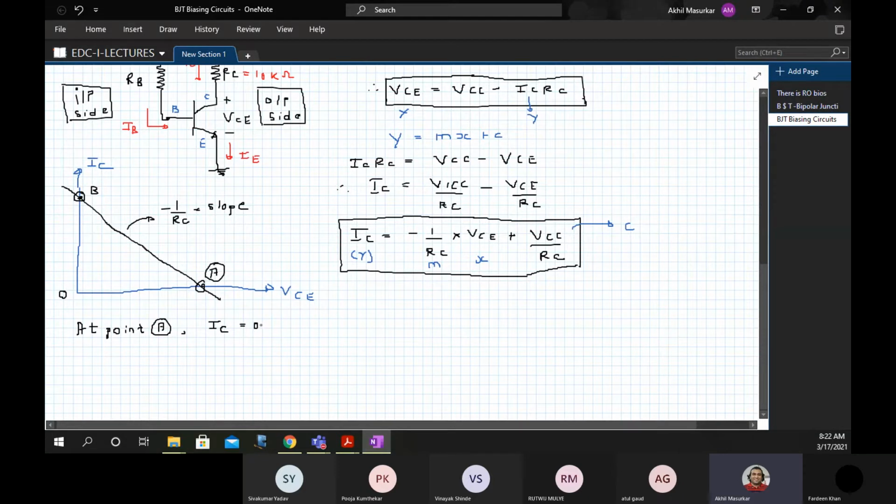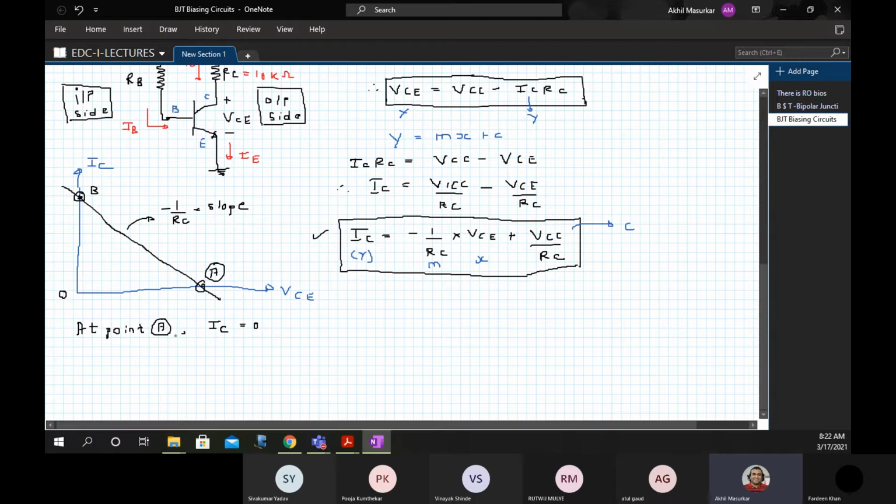So we can put IC equal to 0 in this equation so that we can get the x-intercept, that is the value of VCE. And if you want to find this point, then we can put VCE equal to 0 so that we can get the y-intercept.